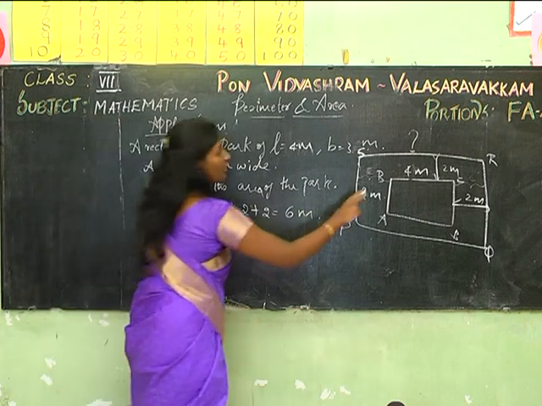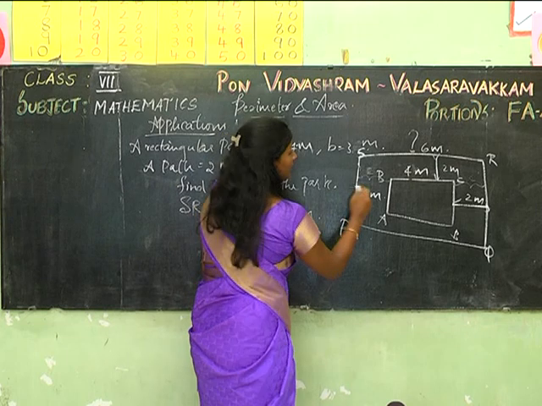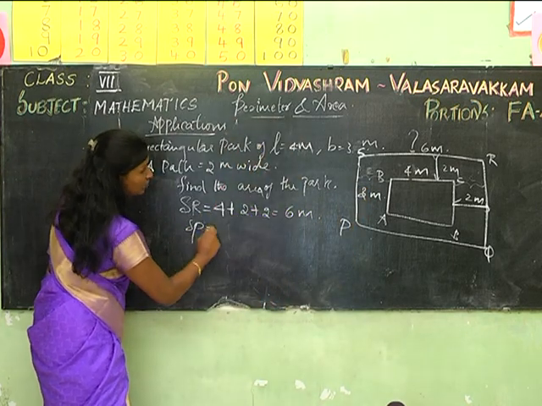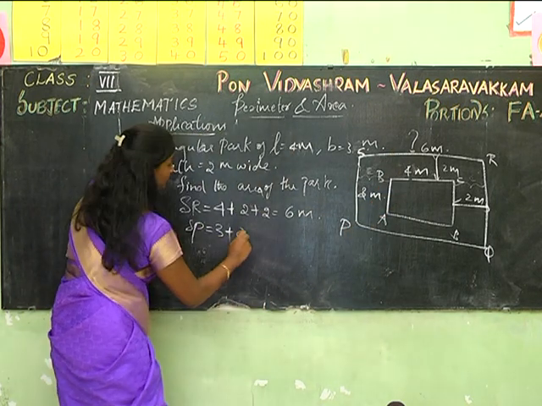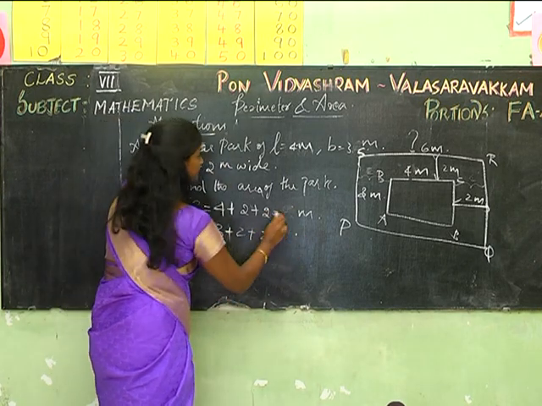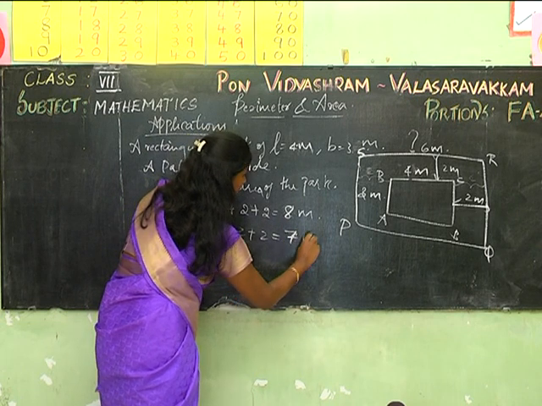In a similar way, we have found the length. And what about the breadth? So the breadth SP is equal to 3 plus this width 2 plus 2, that is 7 meters.